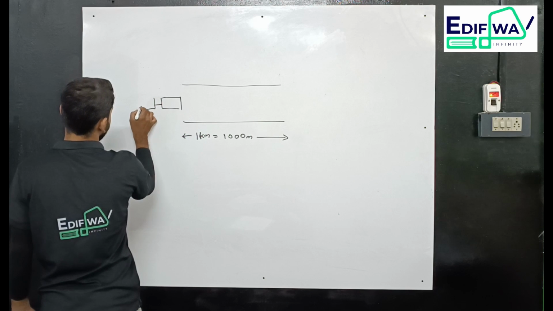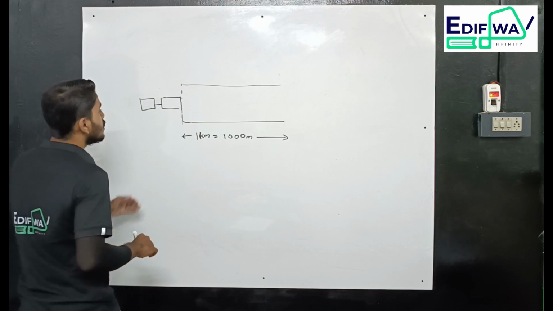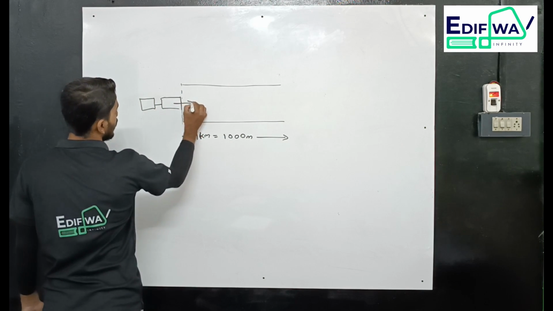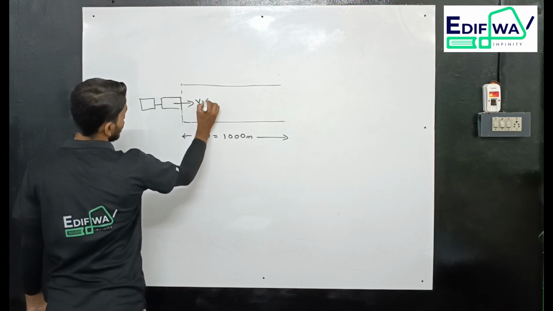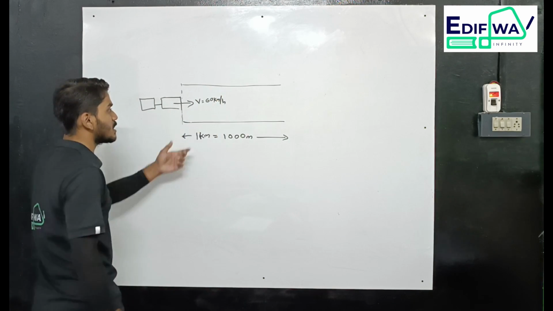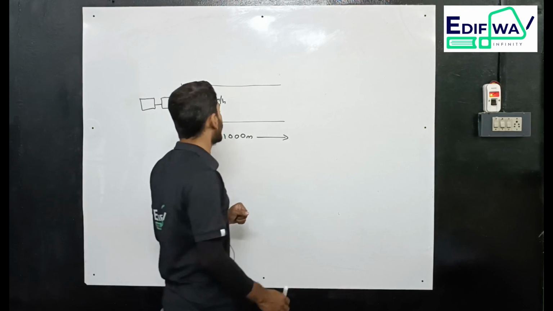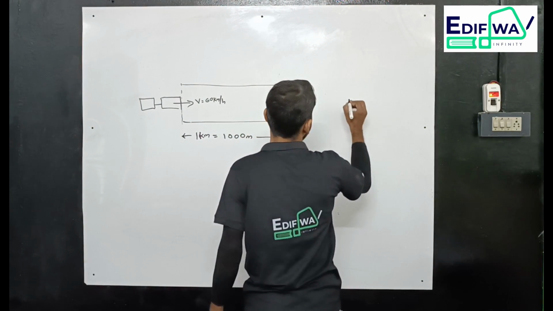This train is moving with a speed. The speed is given to be 60 kilometer per hour. Clear? And you know that is not the SI unit, so you have to convert it.